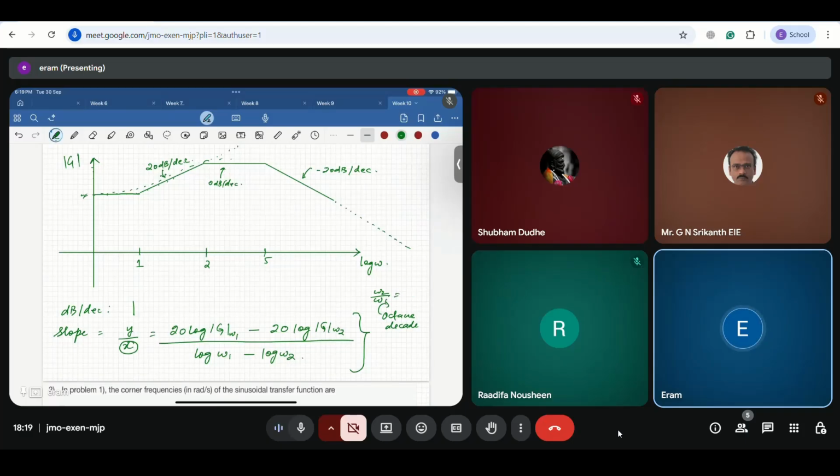So log of w2 minus log of w1 will be log 2 in the case of octave. And in the case of decade, log of w2 minus log of w1 will be equal to 1, because log 10 is 1. So using these relations you can calculate.